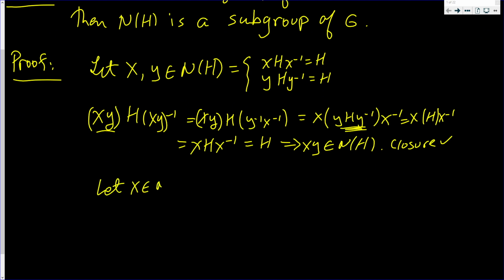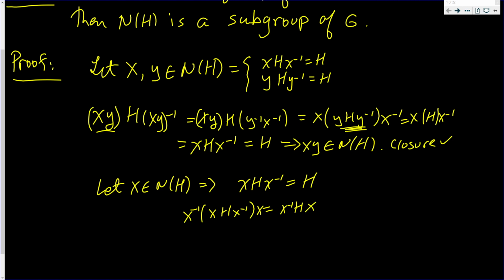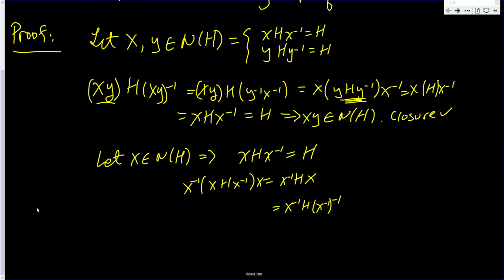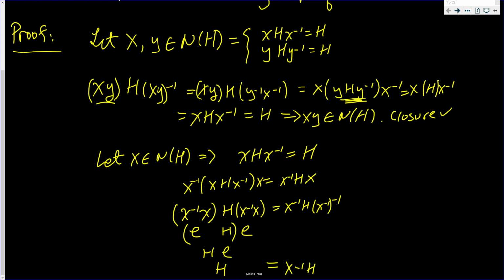So let X be in N of H. Well, that implies that XHX inverse is equal to H. Now, I'm going to multiply on the left side by X inverse and on the other side by X. The right side is X inverse H times X, and the left side, using the associative law, is X inverse X times H times X inverse X. This is EHE, but that's HE, which is H. H is equal to X inverse H times X inverse inverse.